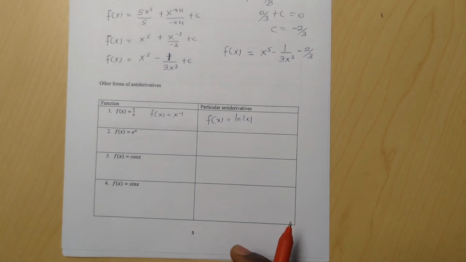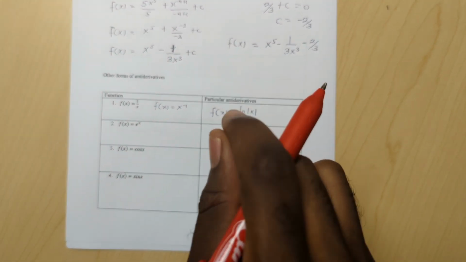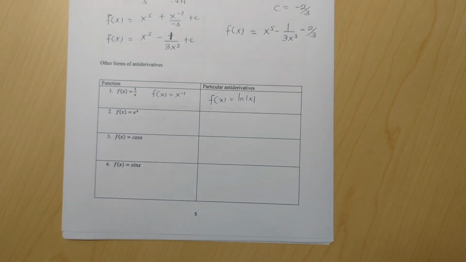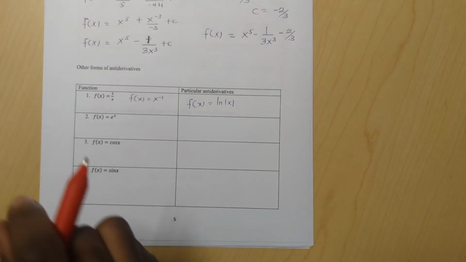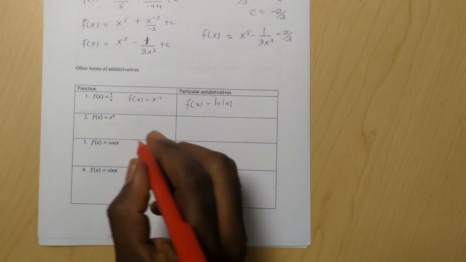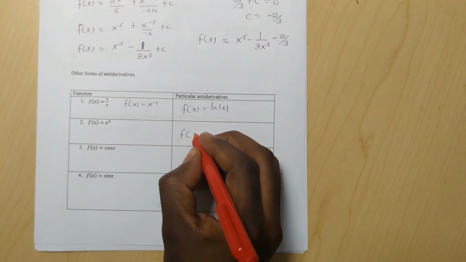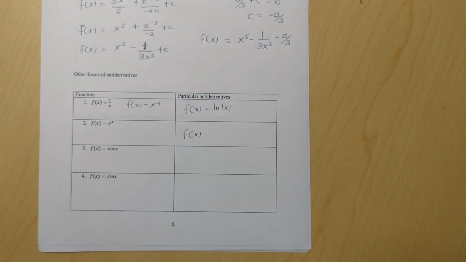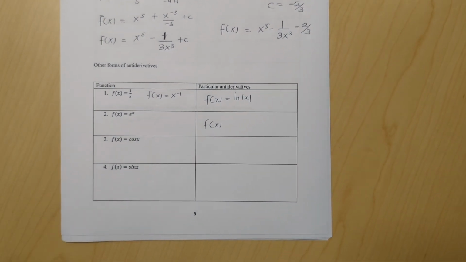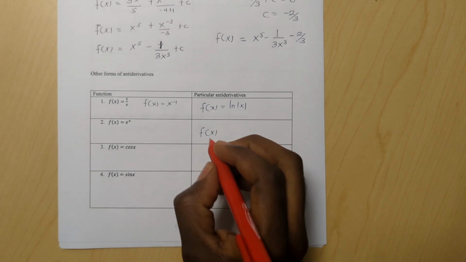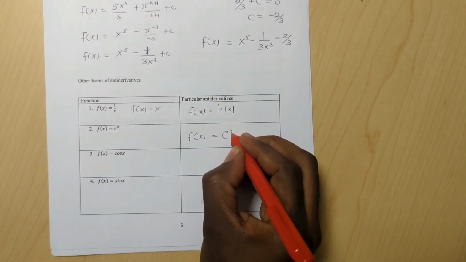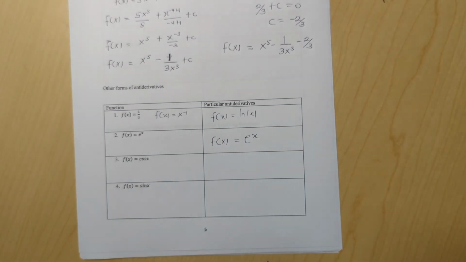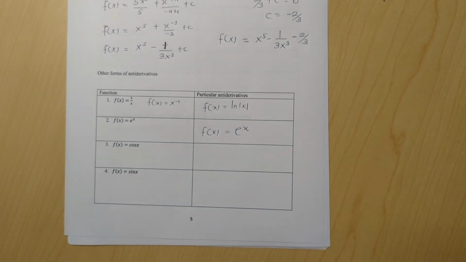Then we can say that f of x equal to ln absolute value of x is the antiderivative of 1 over x. The same way, you remember when we differentiate e exponent x, we get e exponent x in our last discussion. Then we can say that e exponent x is the antiderivative of e exponent x.